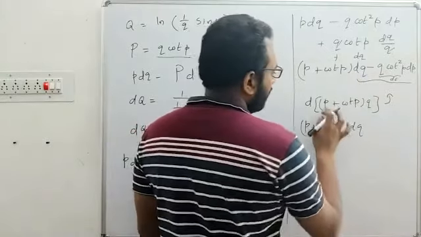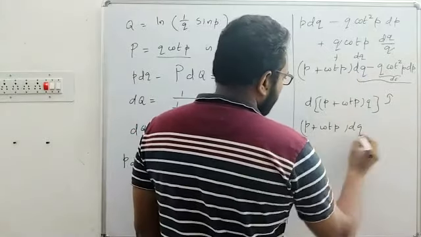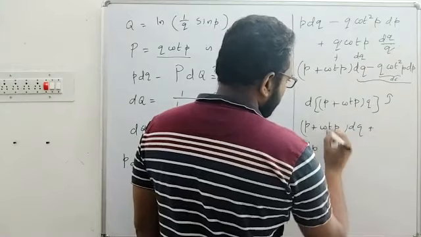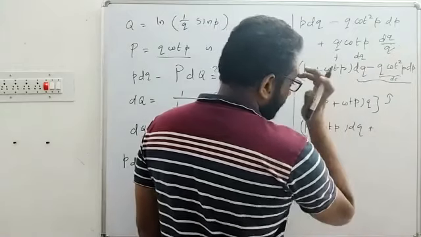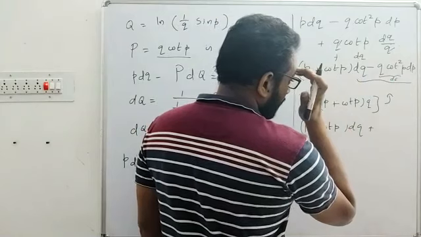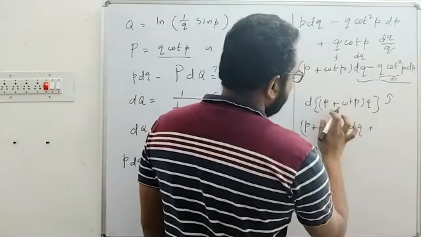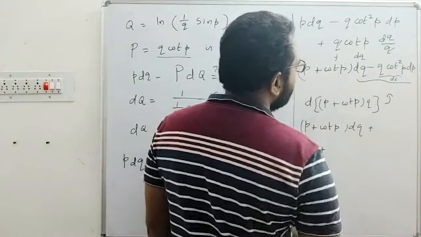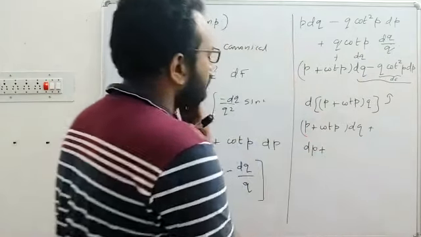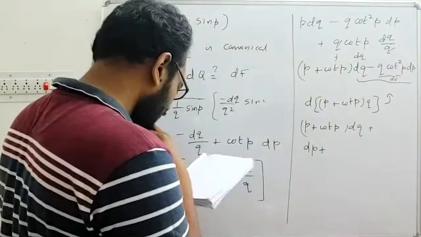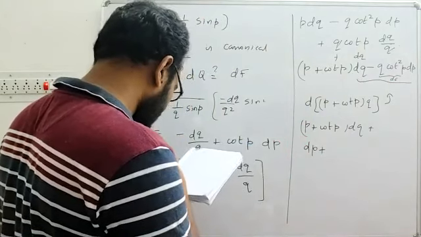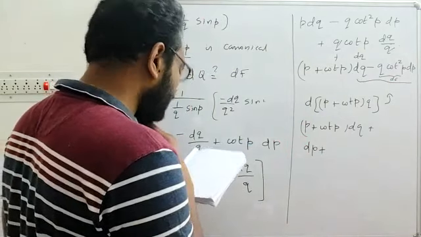What about the second term? You need to take dp times p plus cot p. What's the differential of cot p? The derivative of cot p is minus cosecant square p.